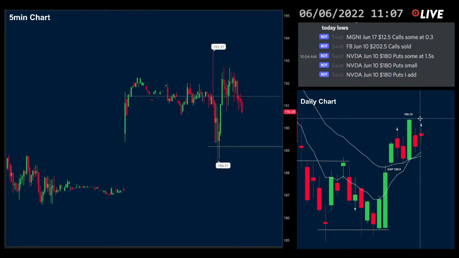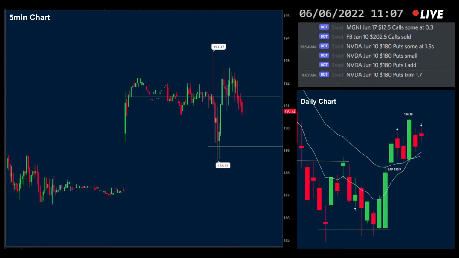Okay, NVDA, some fading. Okay guys, let's see if we can make some. Here we go, NVDA. Come on. NVDA fading. Okay, trimming some at 170.